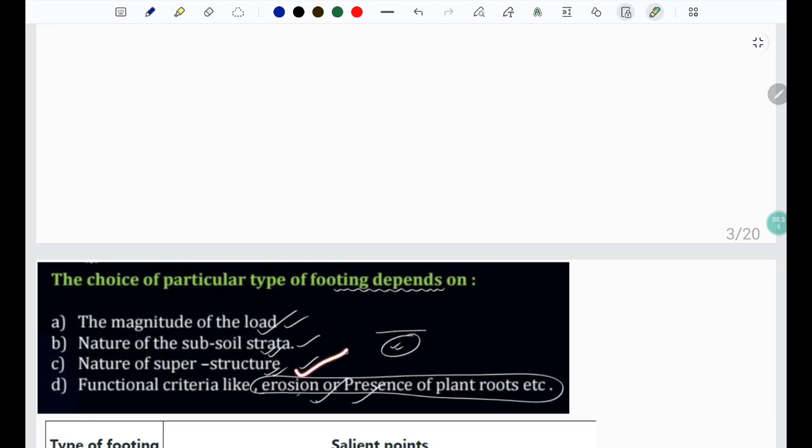And then the nature of the superstructure, of course, the amount of load coming through the superstructure matters. Then it says functional criteria like erosion or the presence of plant roots. Yes, if a soil is prone to erosion, like we see that loose saturated soil में liquefaction होता है, then we have to look at that also.